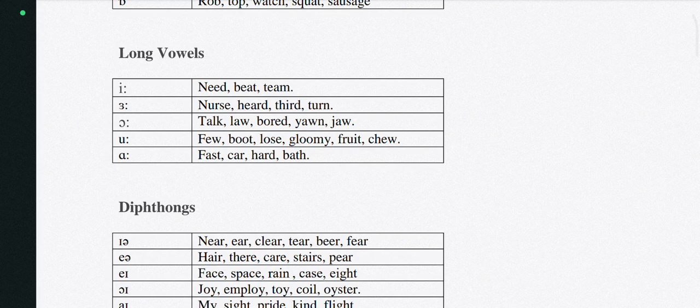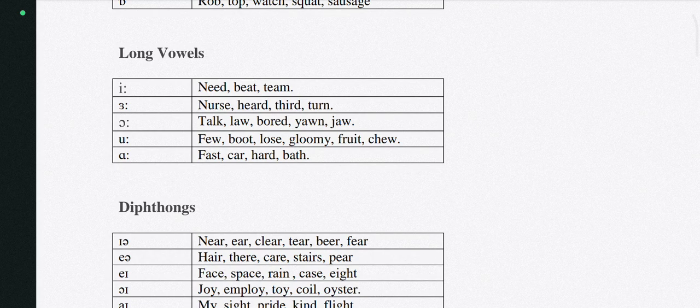Okay, that is E. Now in long vowels you have E, as in peel, need, beat, teen, etc. You may see the letters are different, but then the sound that is repeating in all these words is the same.